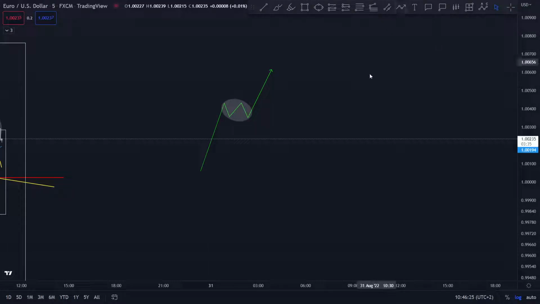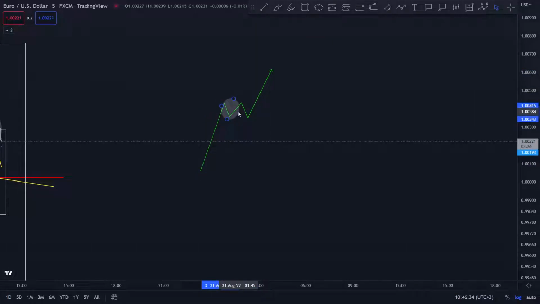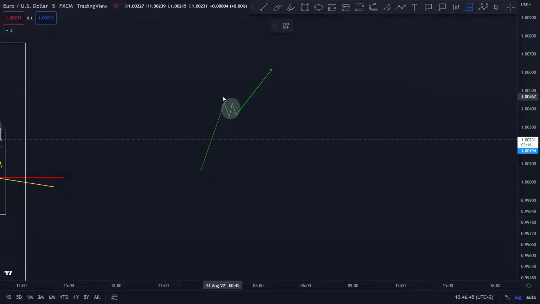But there is an exception. If this trading range here goes to be more than 20 bars, the chances drop to 50-50. So you don't have a 60% chance anymore.